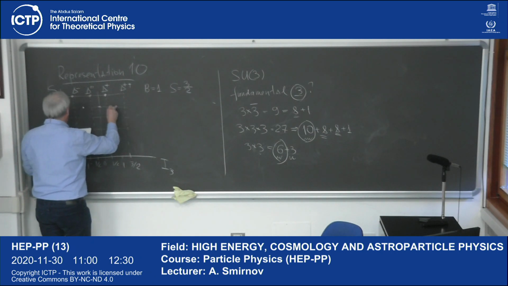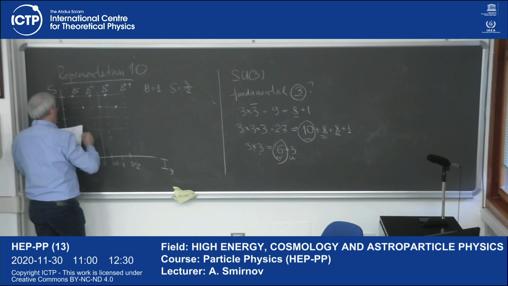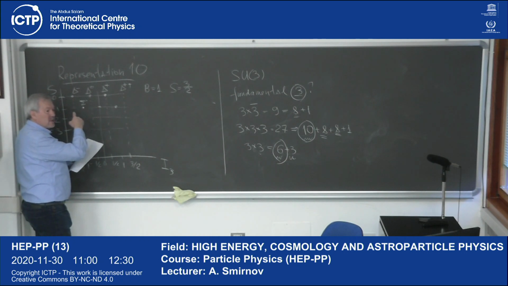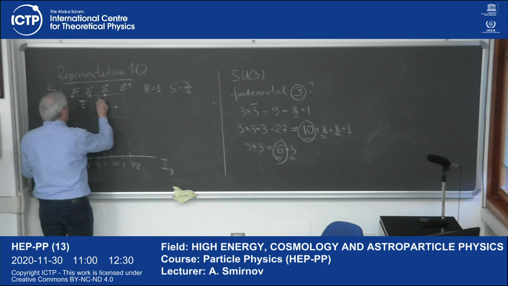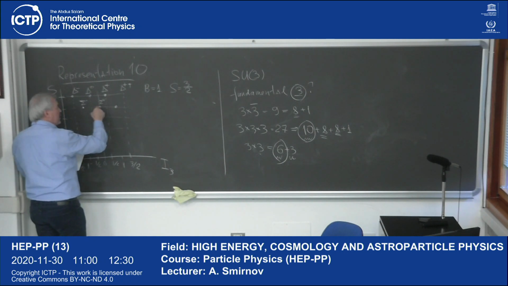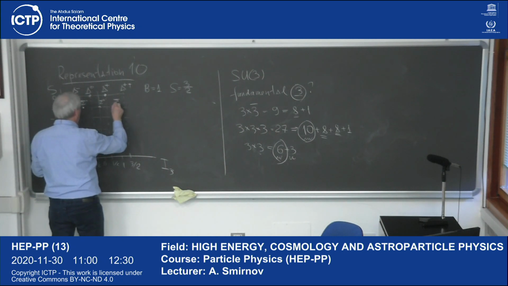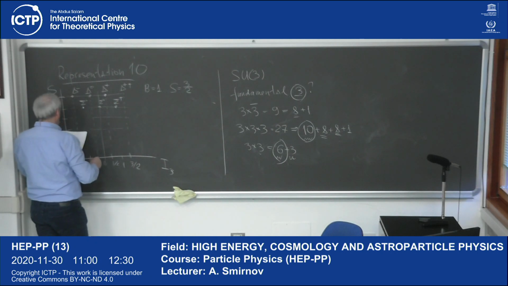So next, with strangeness -1 is sigma minus. We had sigma before, but this is sigma with spin 3/2. Now this is sigma 0. I'm marking spin here, but that is the difference from what I described before. And here is sigma plus.